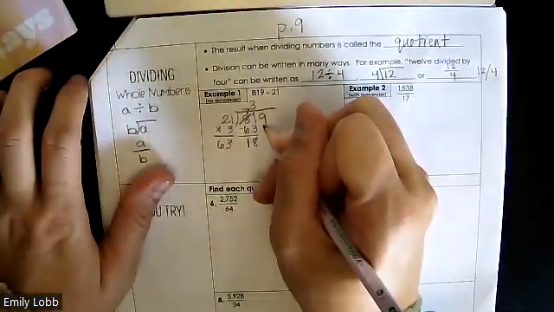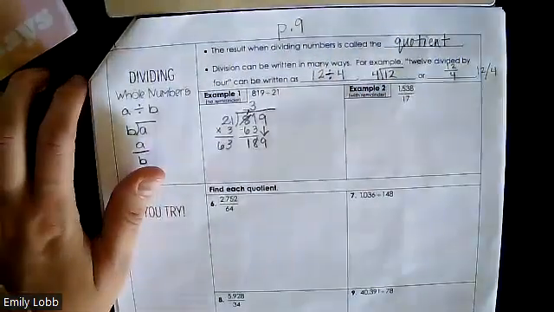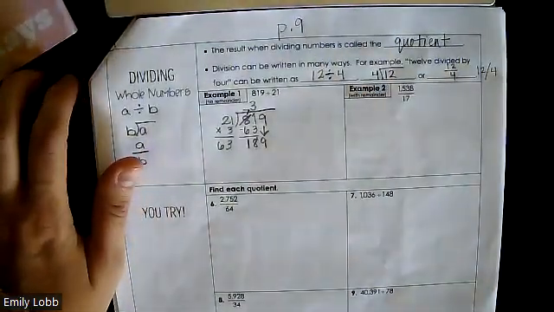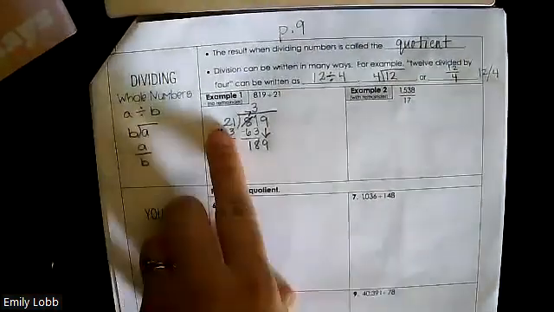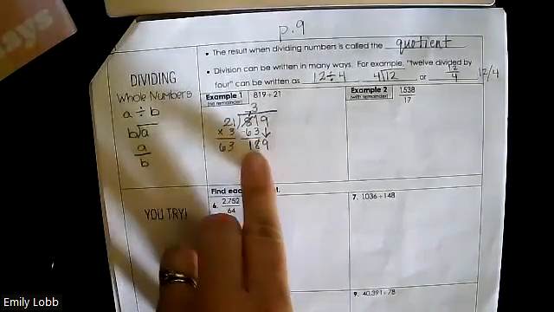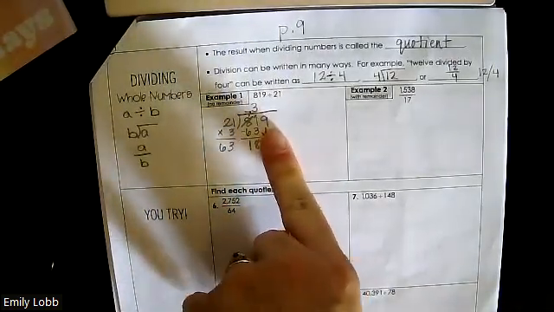All right, so if I bring down my 9, this is long division. Let's try and estimate here. How many times could 2 go into 18? 9.